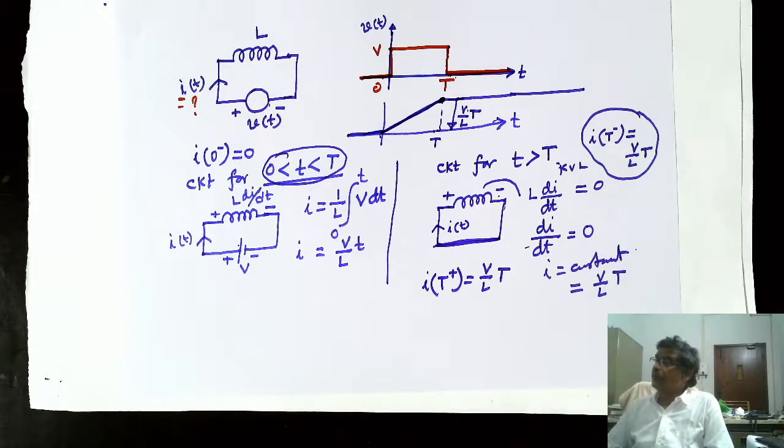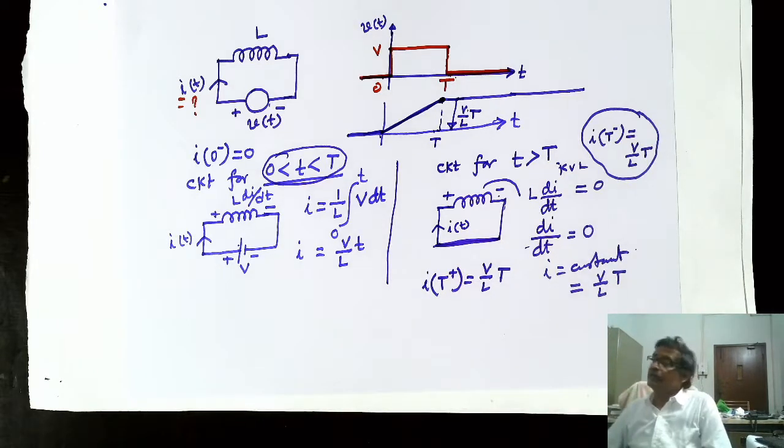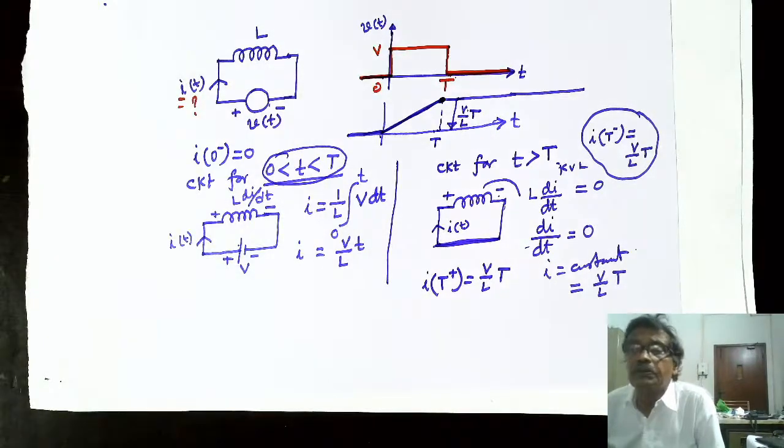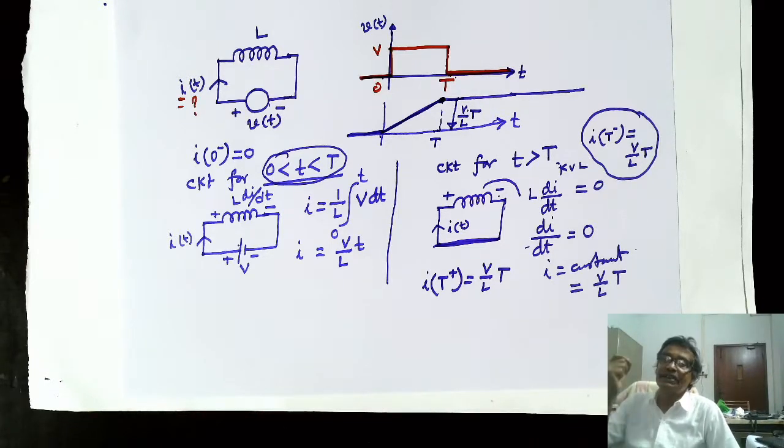But the important point is, this is how things go. Inductor current will rise linearly, and then it will remain constant for all time. In fact, as I was telling you, it is very difficult to make an ideal inductor, but people make inductors with superconducting coil, which ensures that the resistance of the coil is indeed zero.